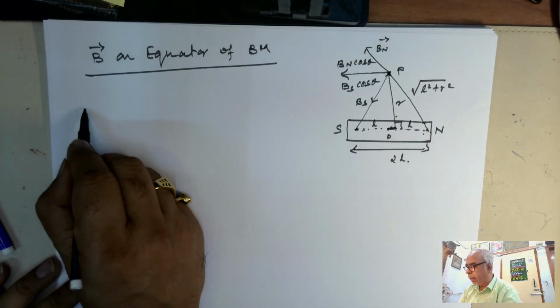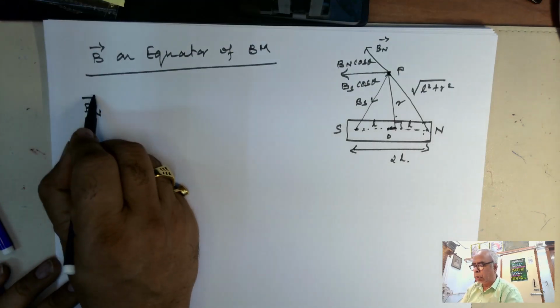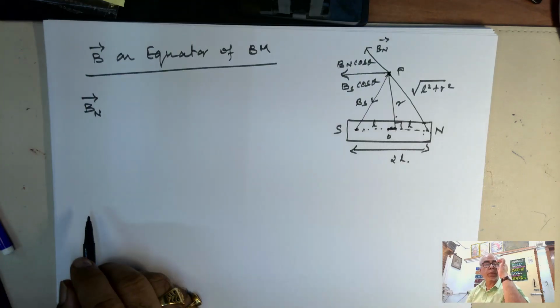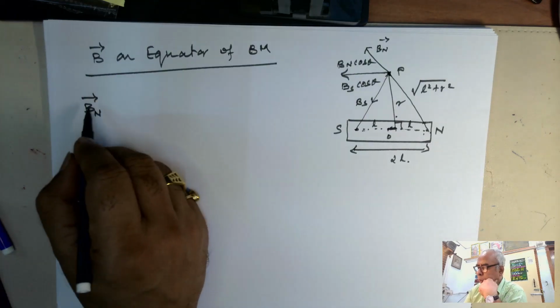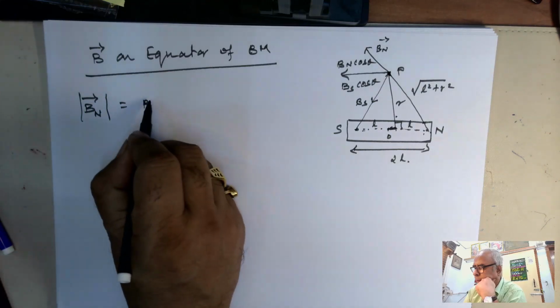Now, let us proceed with the determination of magnetic field due to north pole. I'm going to consider only the magnitude, so I'm not introducing any vector here.